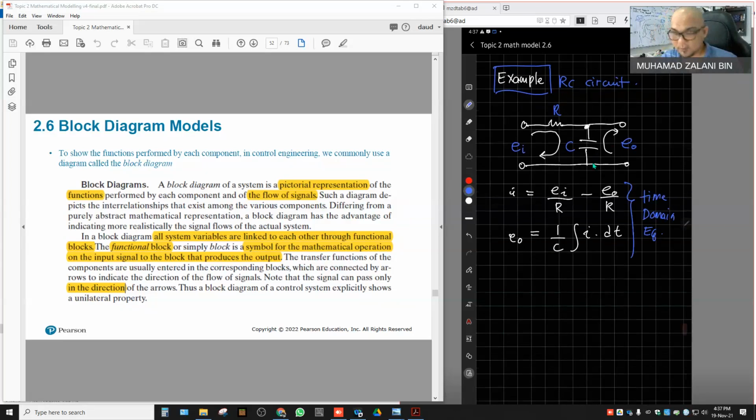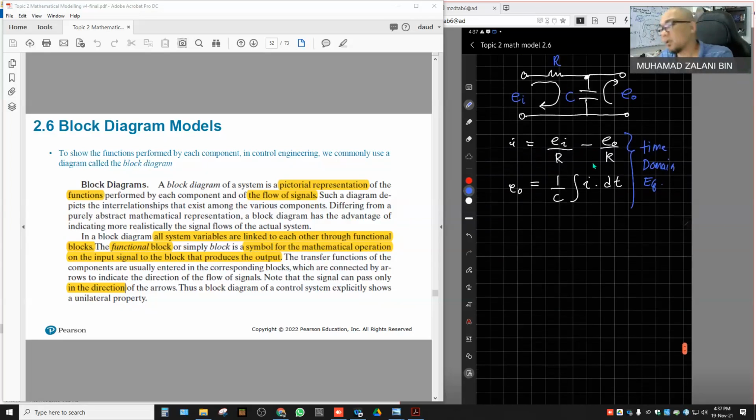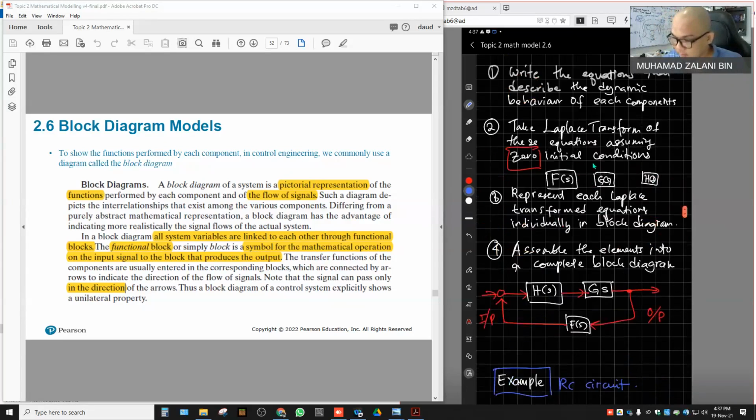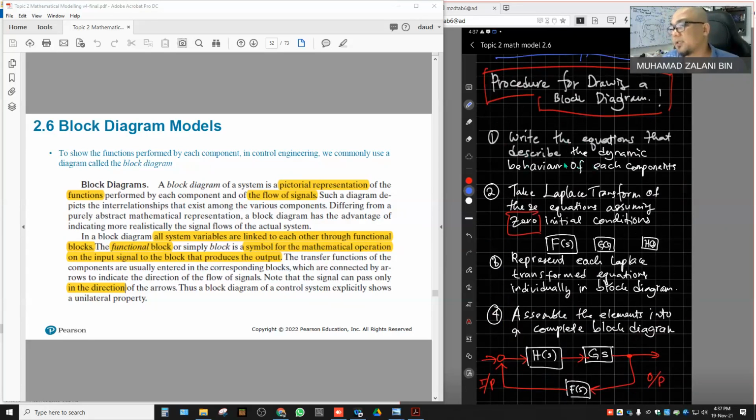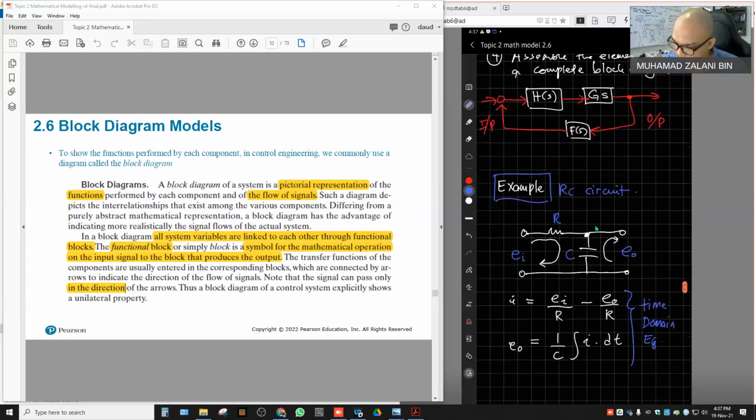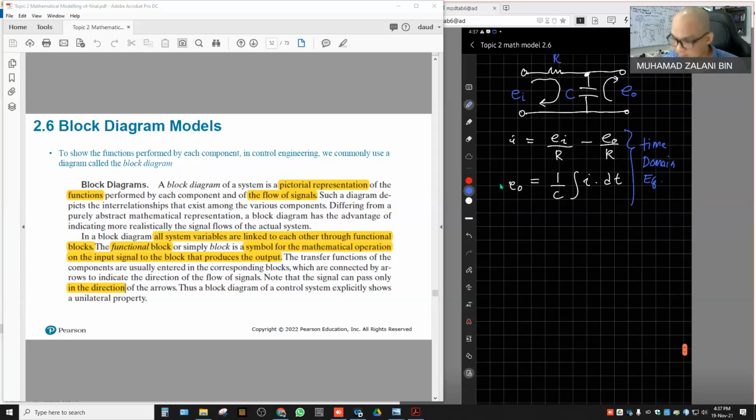For that time domain equation, the next step is we want to represent this in the form of Laplace transform. In the first procedure, we write the equation in time domain, and then we take the Laplace transform of this equation assuming zero initial condition. So the second procedure, we convert to the Laplace domain using the Laplace transform.